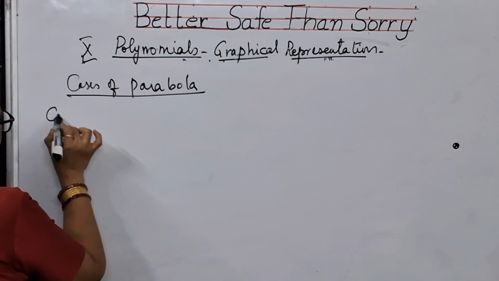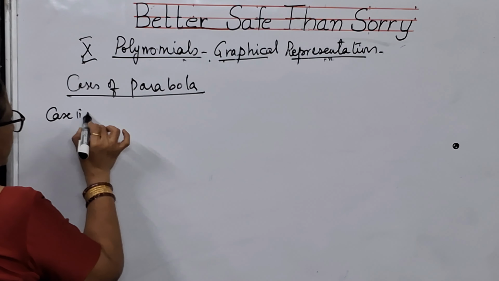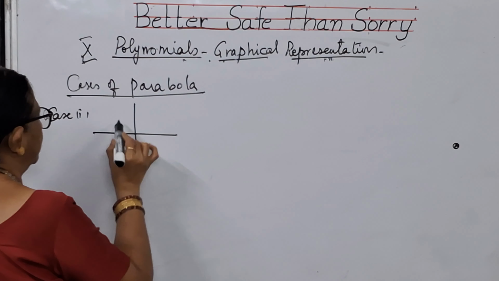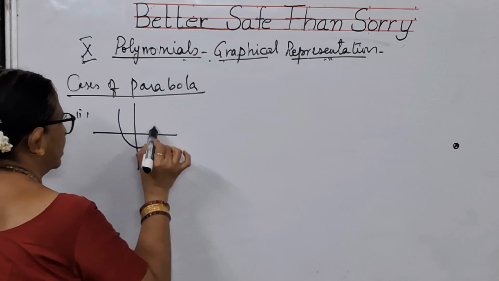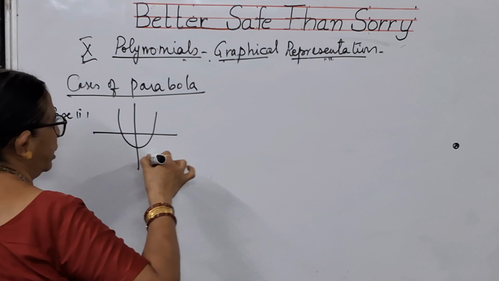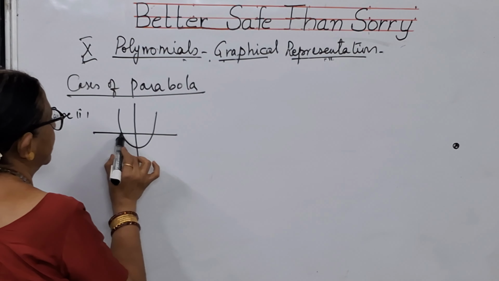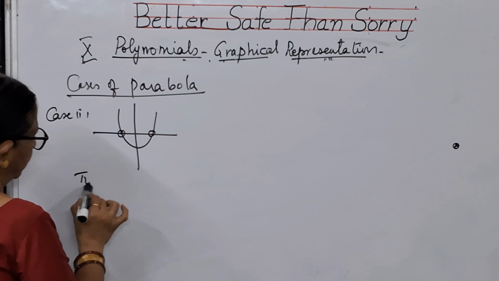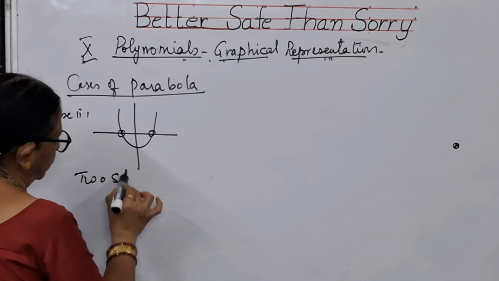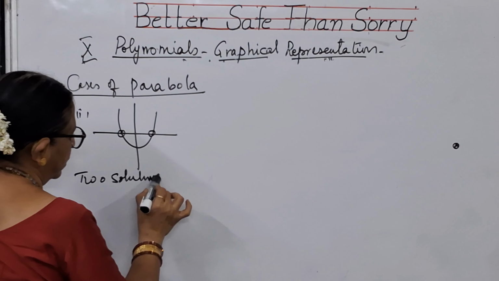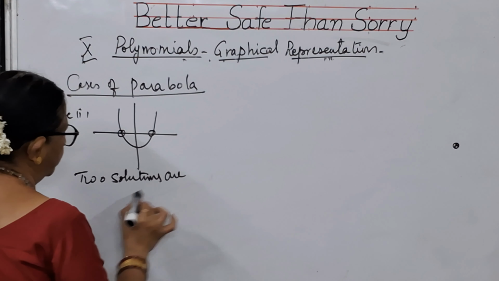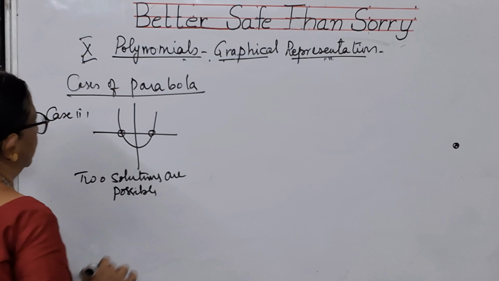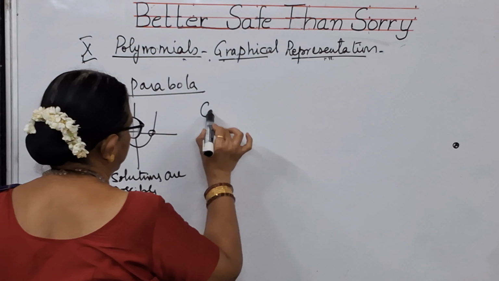First case: in case 1, when you have the x-axis and y-axis, the parabola goes like this. Wherever the parabola is intersecting the x-axis, those are the solutions. So here, two solutions are possible. In this first case, two solutions are possible.